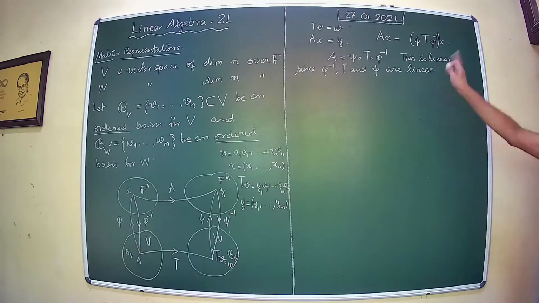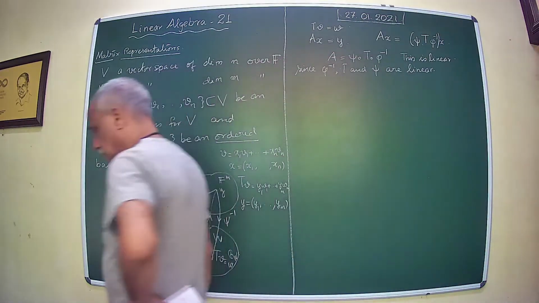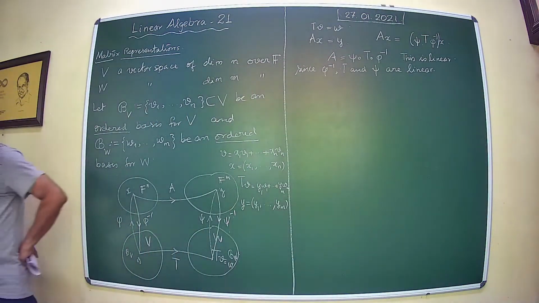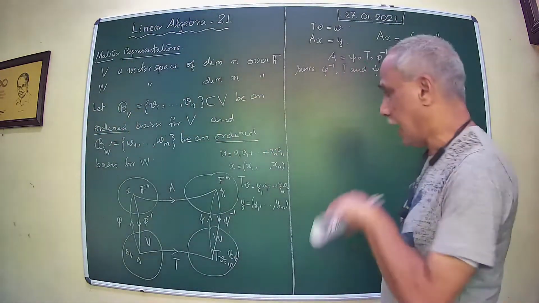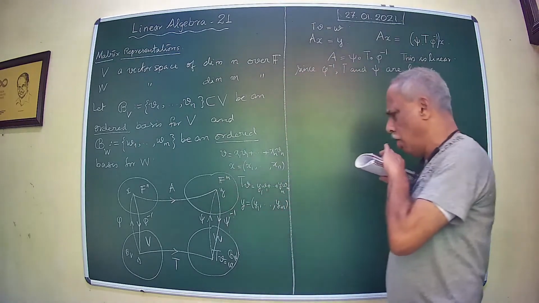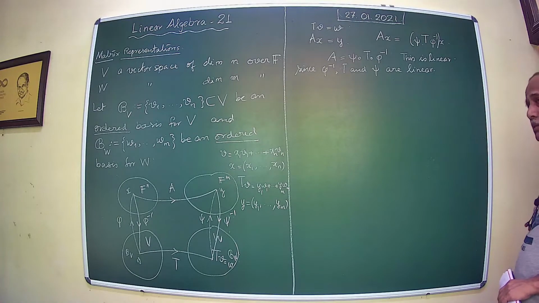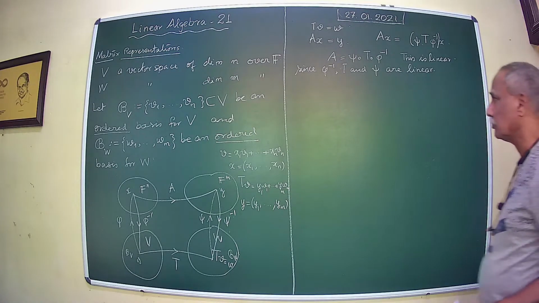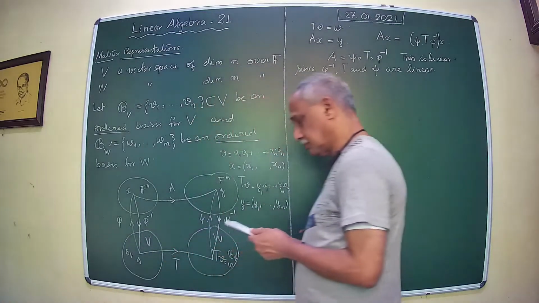So that's a very quick proof of the linearity of A. Therefore, the association that we have defined between x and y is a linear map. So that is one observation.